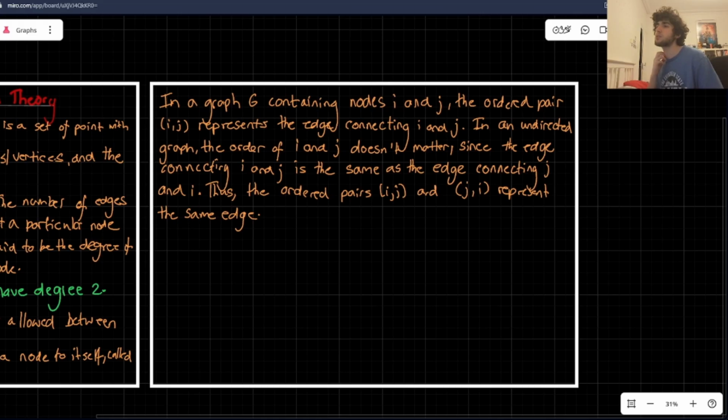And so for that reason, we sometimes use sets instead of ordered pairs to describe the edge connecting two nodes.